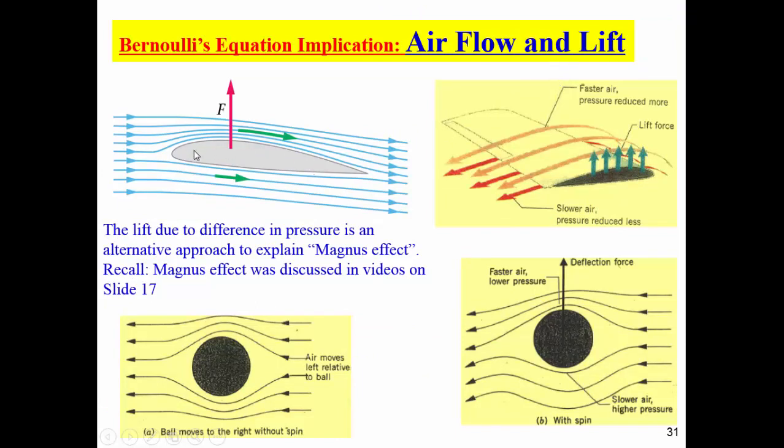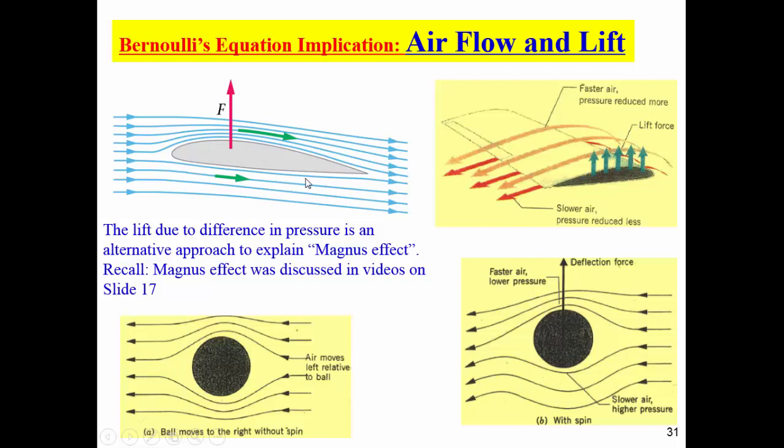If we take here a segment of the airplane wing, if you look at the way the wing is shaped, it allows a longer path for the air above the wing than the length of the path of the airflow below the wing. And that will create bigger velocity since the distance is longer, hence the velocity of the air above the wing will be faster than the velocity of the air below the wing.